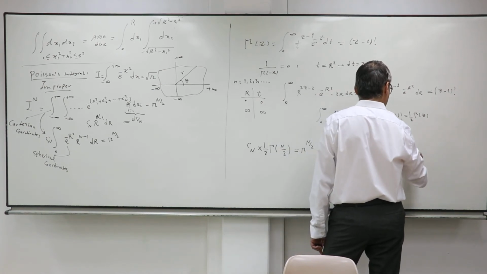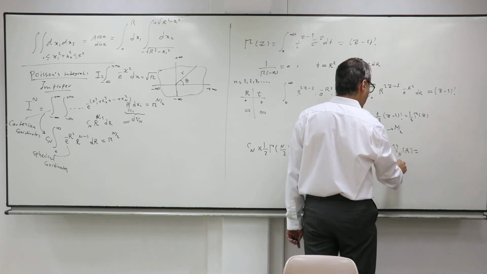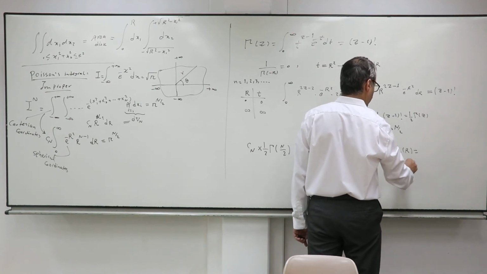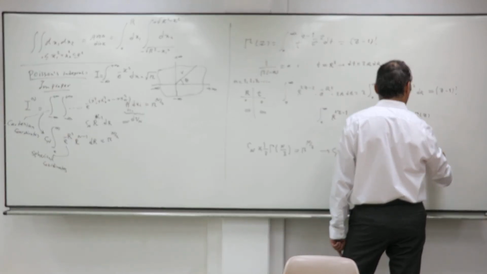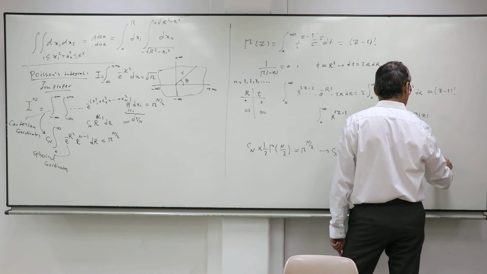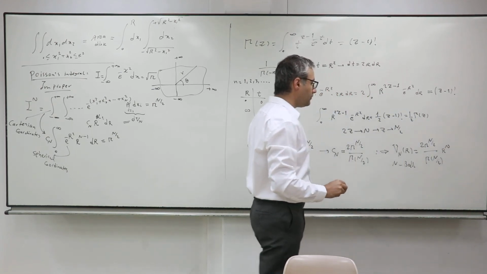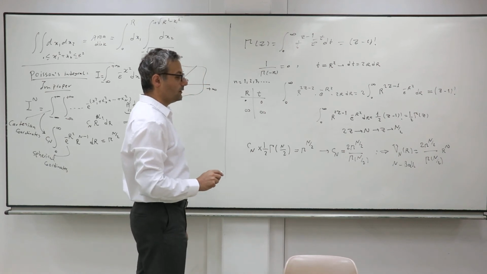So V_n, the volume of the n-ball, is given by 2 pi^(n/2) over gamma of n/2 times R^n. So this is the equation.